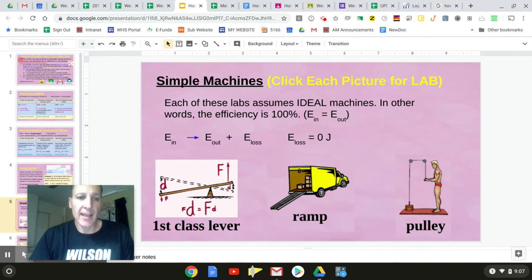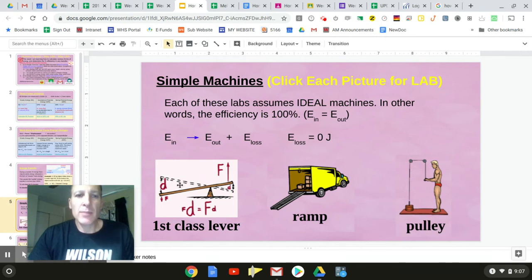In many cases, you do more, right? However, an ideal machine is one where there is no energy loss due to heat or friction, right? So if we look at this little flow here, if we have energy in, that's going to be turned into the energy we get out. But for an ideal simple machine, the energy loss would be 0 joules.